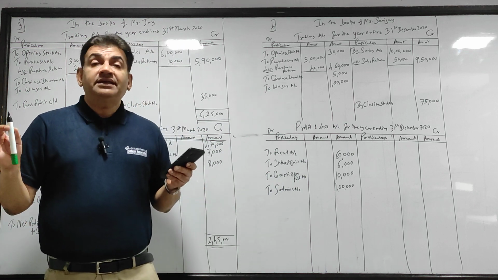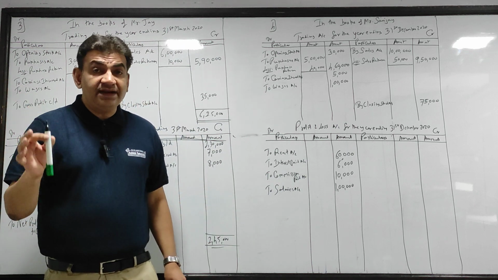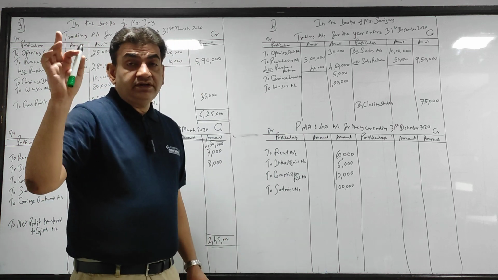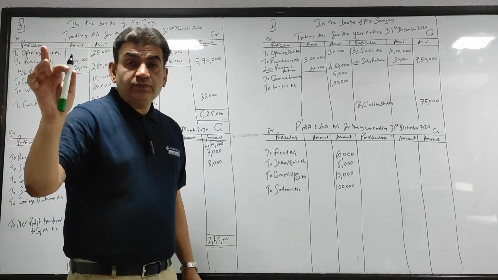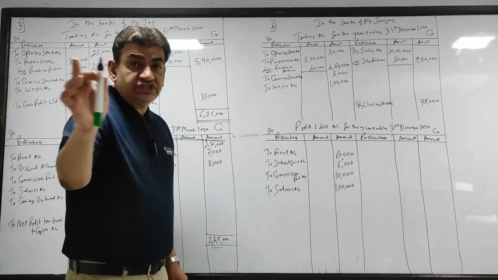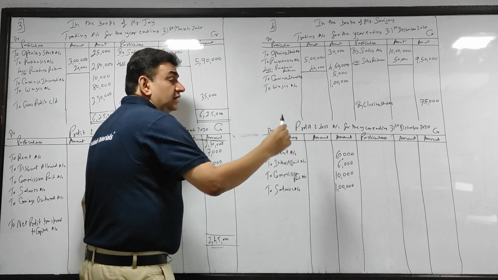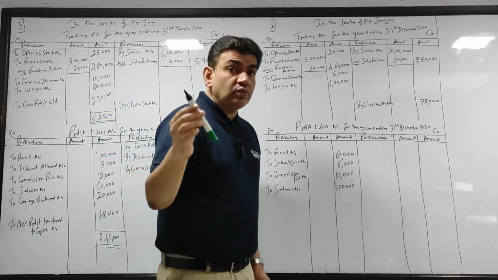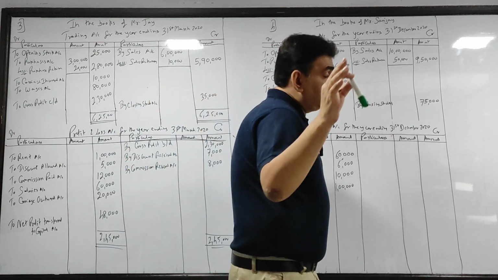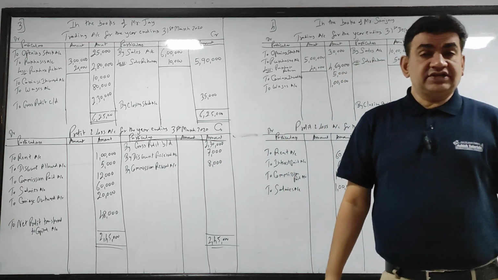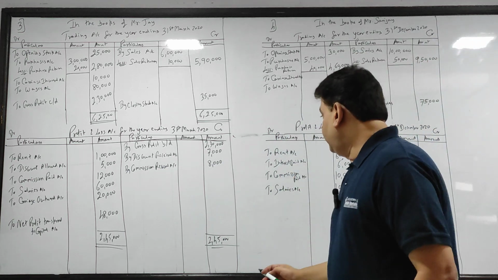Okay. Carriage outward. Again I'll repeat. Carriage inward, carriage paid on purchase of goods, transport charges paid on purchase of goods, direct expense, therefore we debit trading account. Carriage outward, goods going out, transport charges paid on sale of goods, indirect expense, therefore you will debit P&L.